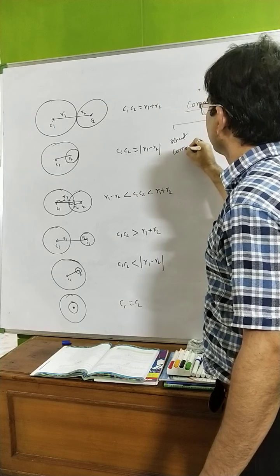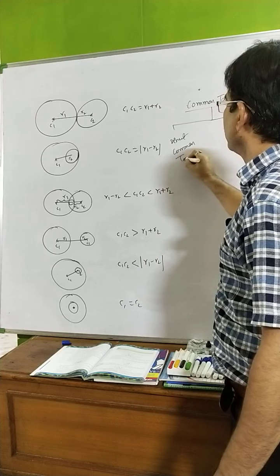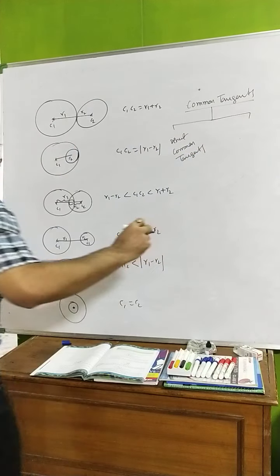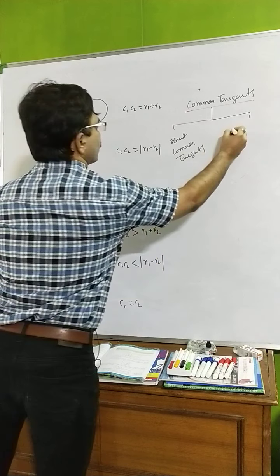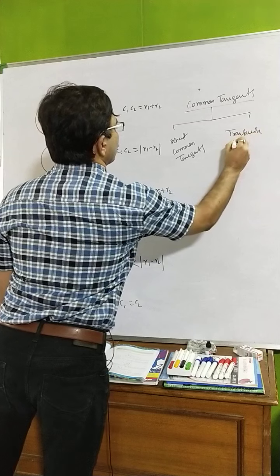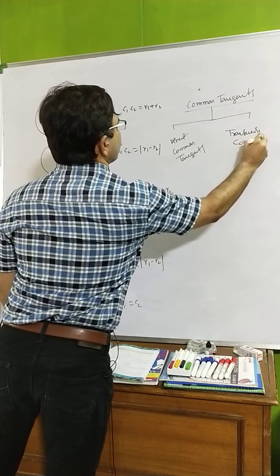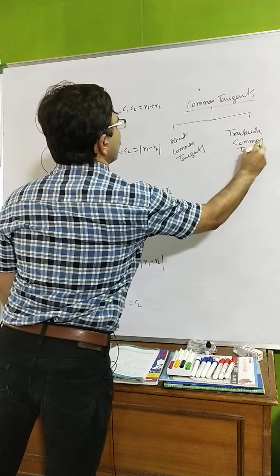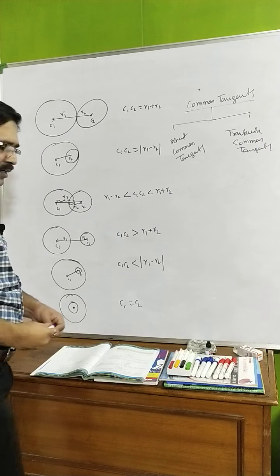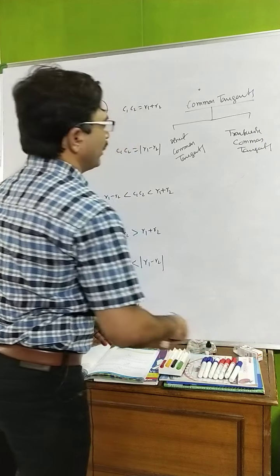The other one is transverse common tangent. Direct common tangent, another one is transverse common tangent, you can say.